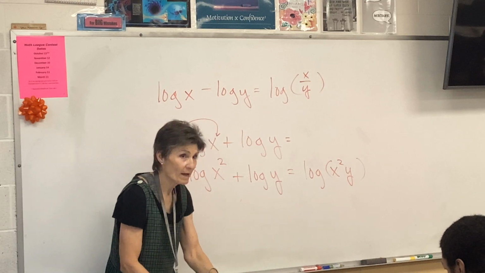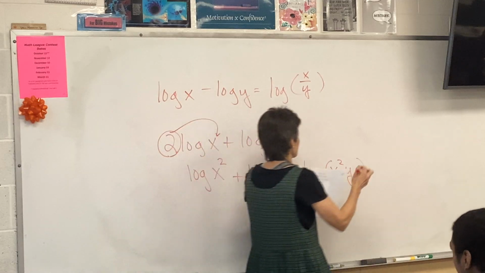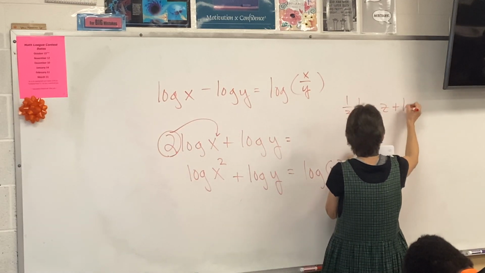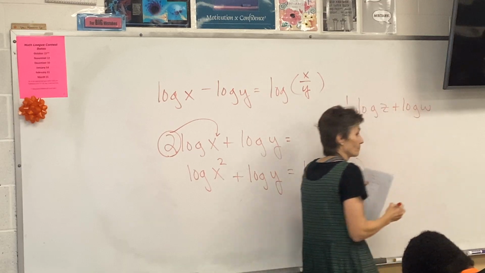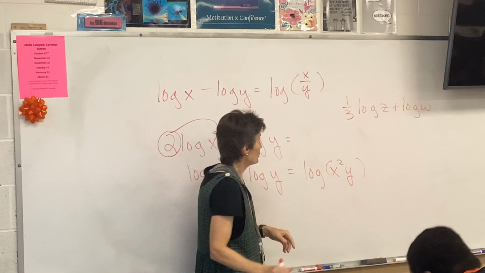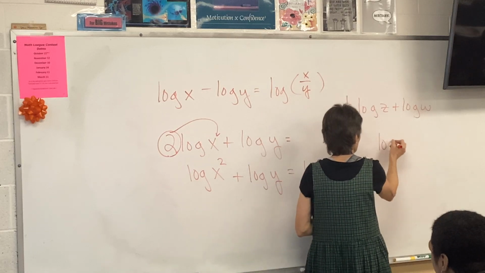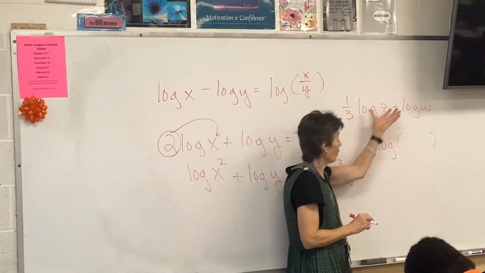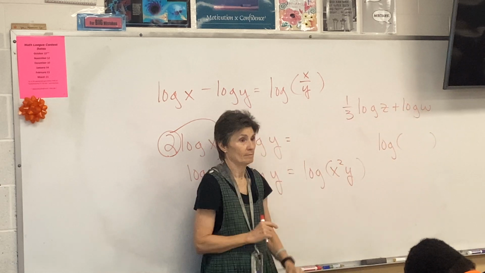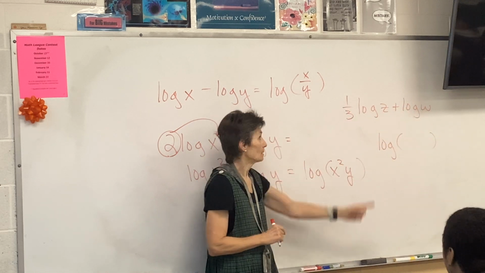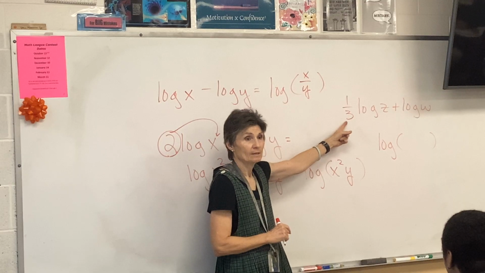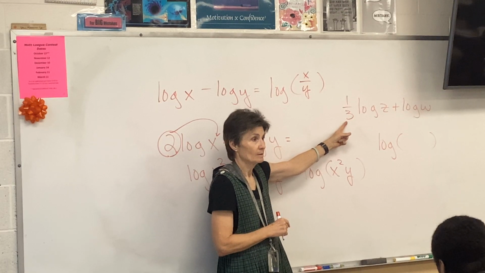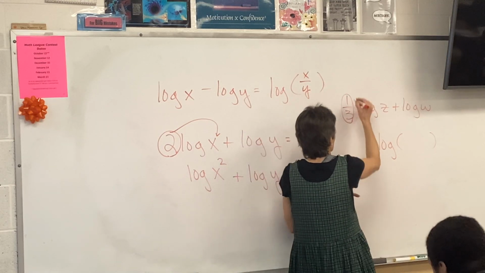All right, so with all that in mind, let's look at C. You are going to put this together as one logarithm. Instead of having all this, you're going to have one. Take care of that first. PEMDAS, that's an exponent.